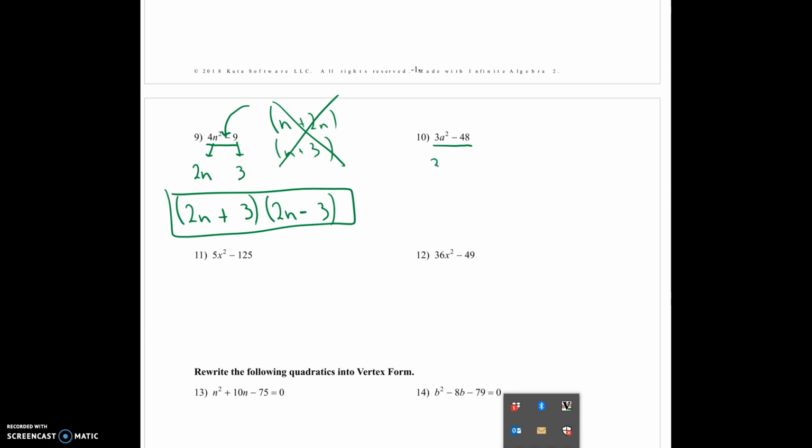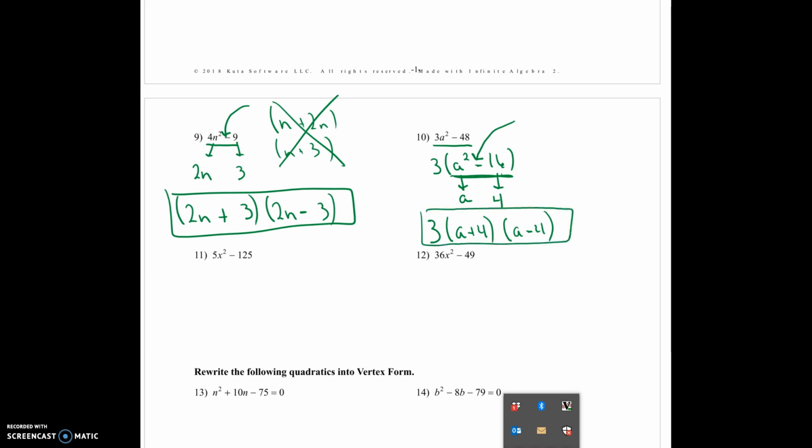I can take a 3 out. After I take that 3 out, I have a squared minus 16. And with these 2 terms, there is subtraction, and these are perfect squares. The square root of a squared is a, the square root of 16 is 4, and now joining my GCF of 3 will be an a plus 4 and an a minus 4. And this one is done.